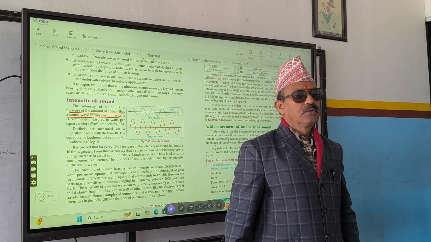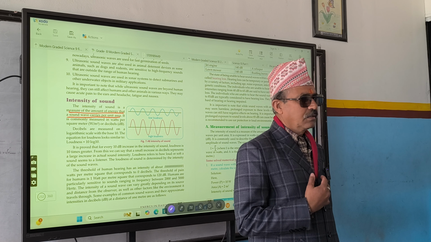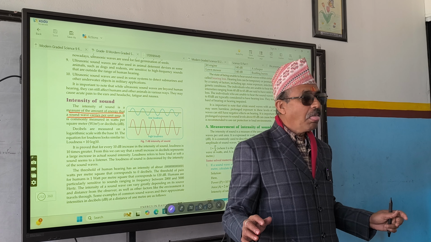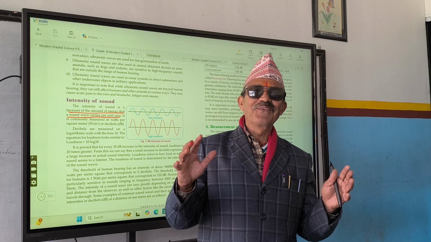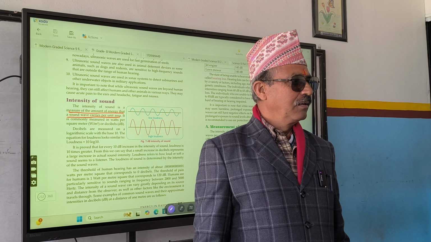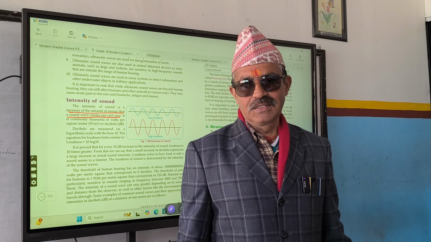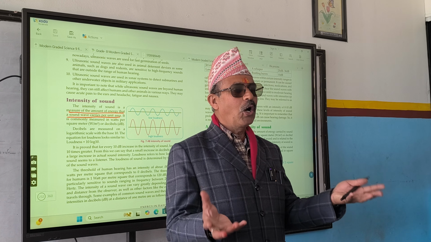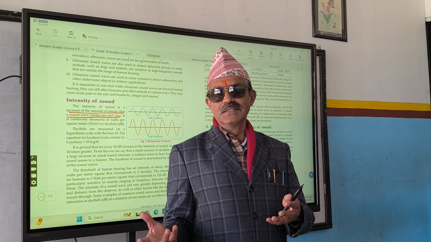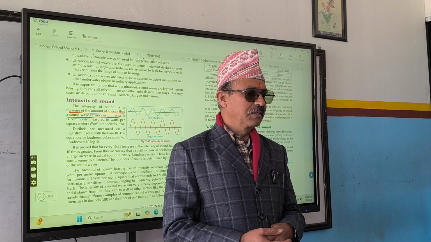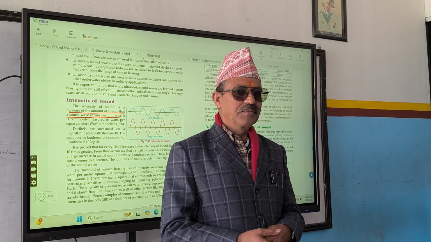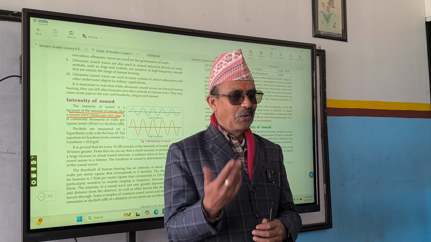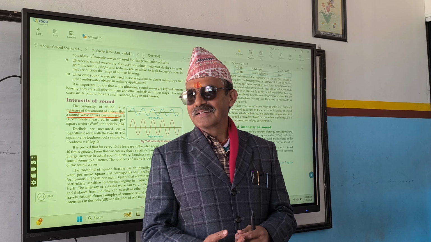For example, which sound has more intensity, first one, second one, or third one? The third sound is carrying more energy in unit area. Here we have to remember, louder the sound, higher the intensity; lower the sound, lesser the intensity.